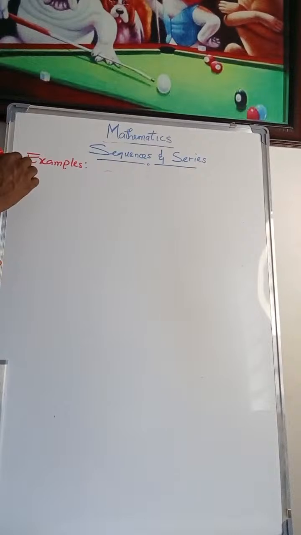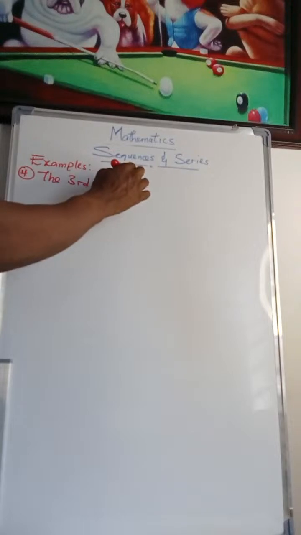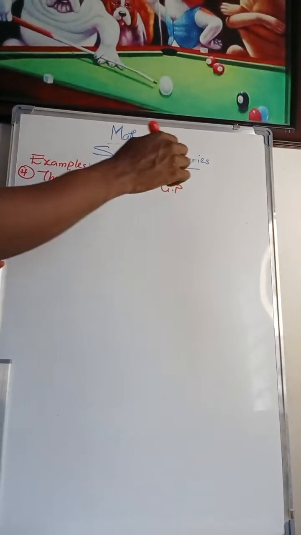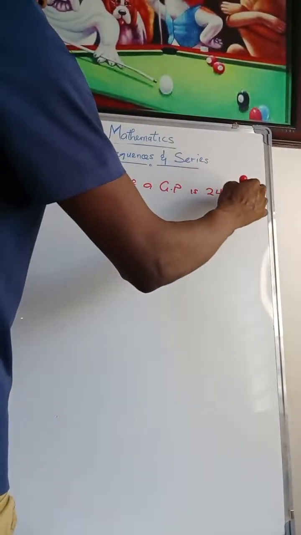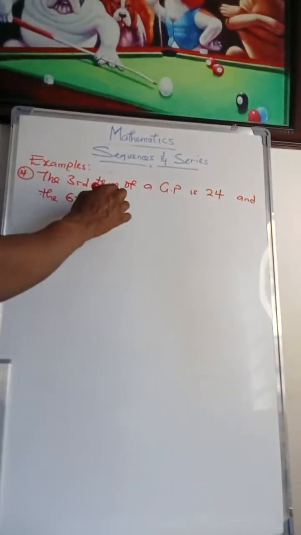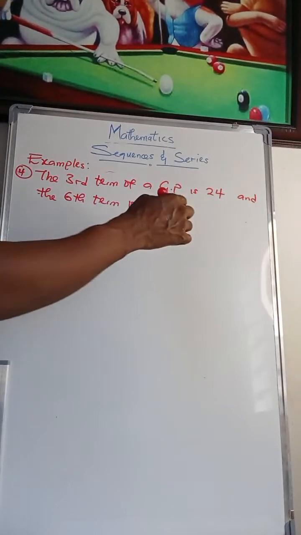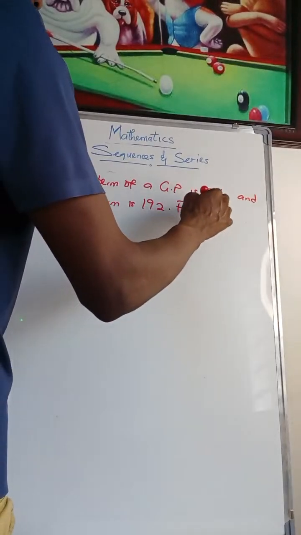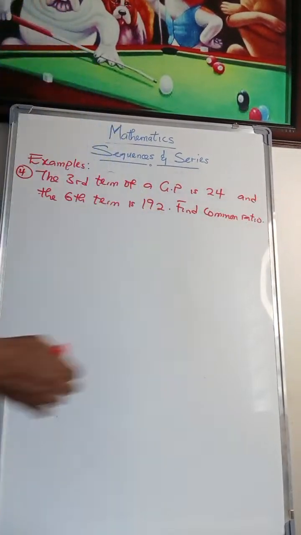It says that the third term of a GP is 24, and the sixth term is 192. You have to find the common ratio.